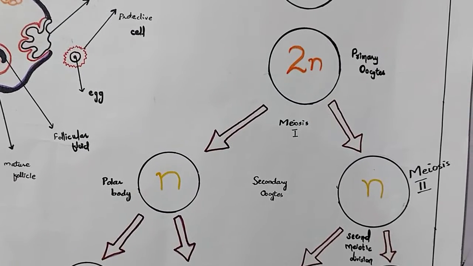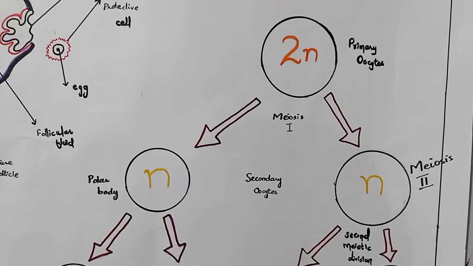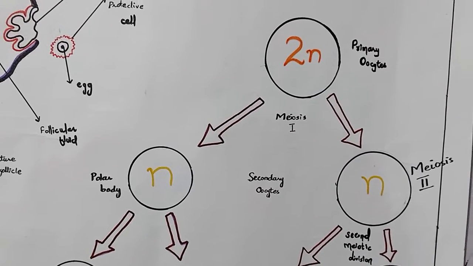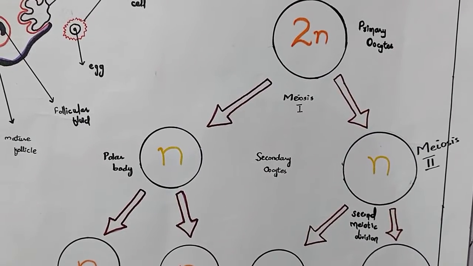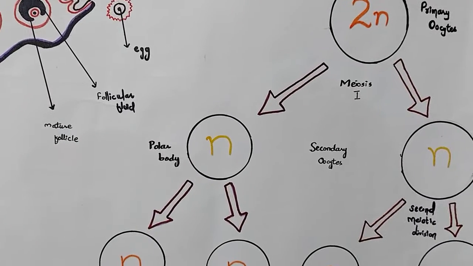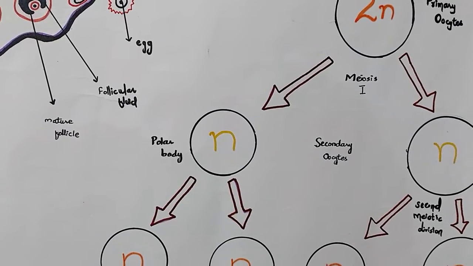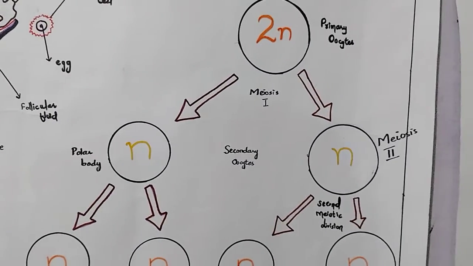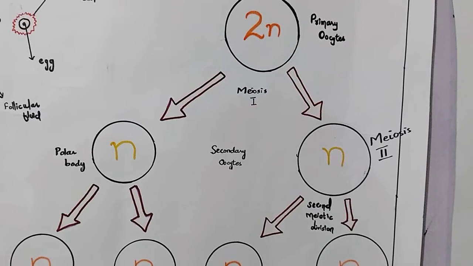So the primary oocyte undergoes the first meiotic division and forms two haploid cells. One cell is the first polar body and the other is the secondary oocyte.